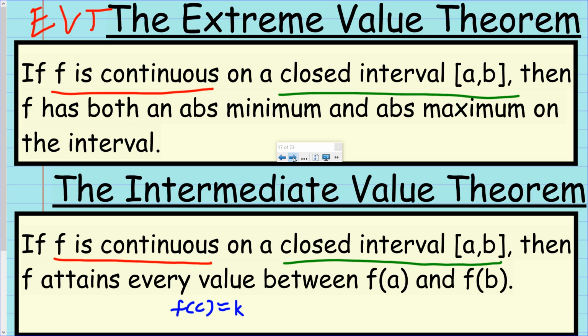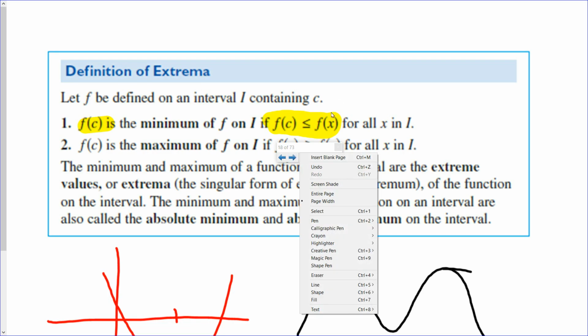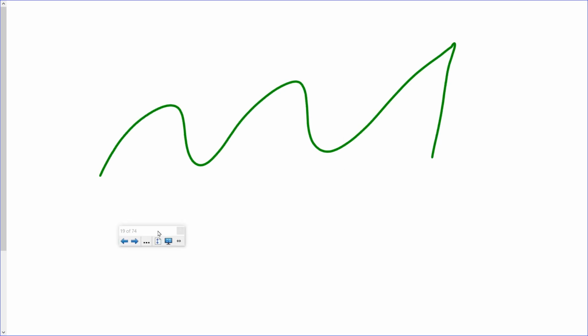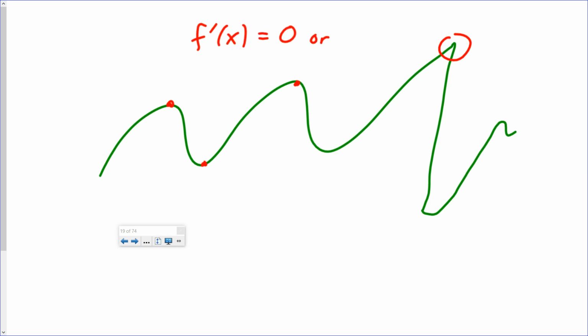And what we're going to do today is I'm going to give you a function, and you're going to pretend like you don't know how to graph that function. The function can have peaks and valleys and whatnot, and I'm going to say what's the absolute max and absolute min on that function. So you're going to go through and find all the peaks and valleys. It turns out that all the peaks and valleys happen when f prime of x is equal to 0 or what?